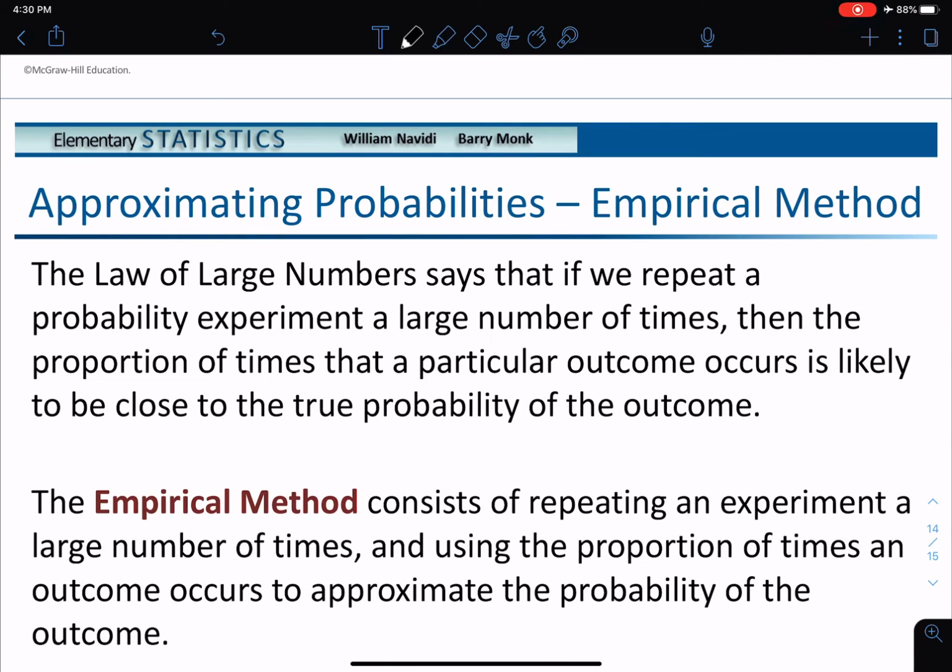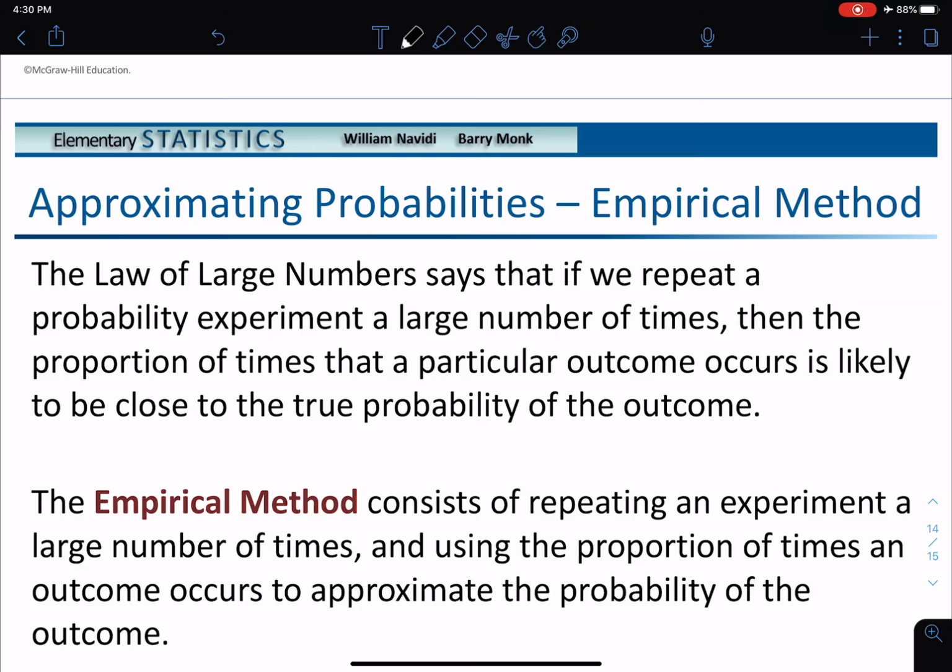Approximating probabilities, empirical method. The law of large numbers says that if we repeat a probability experiment a large number of times, then the proportion of times that the particular outcome occurs is likely to be close to the true probability.